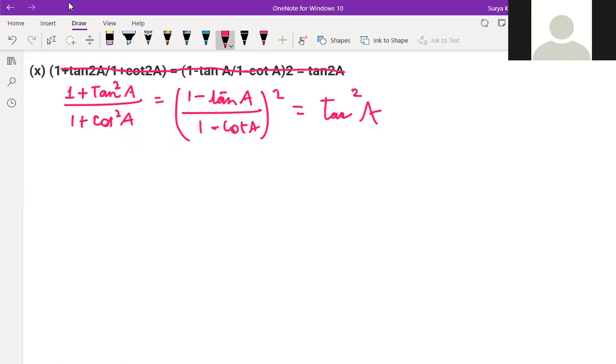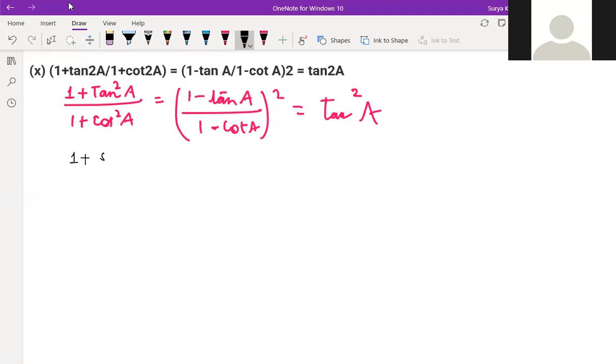So 1 plus tan square A divided by 1 plus cot square A. So we can convert this to this and this also to this only. We try to prove this one, okay? So this is very easy. 1 plus tan, simply convert to sine and cos form.